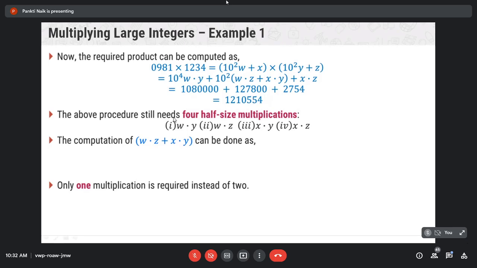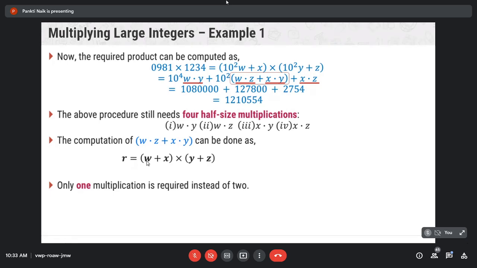Now, the above procedure still needs 4 half-size multiplications, that is w into y, w into z, x into y, and x into z. Now, w into z plus x into y can be done like this.